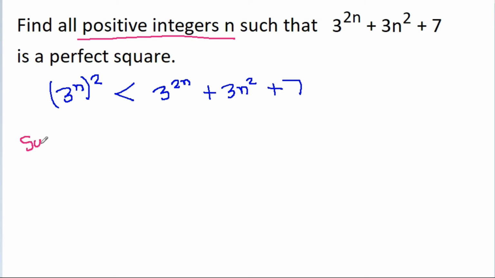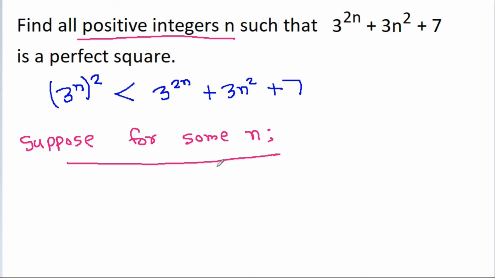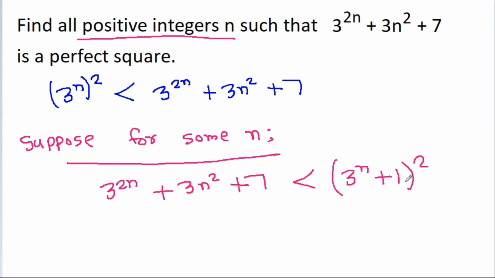So suppose for some n, 3^(2n) + 3n^2 + 7 is less than (3^n + 1)^2.